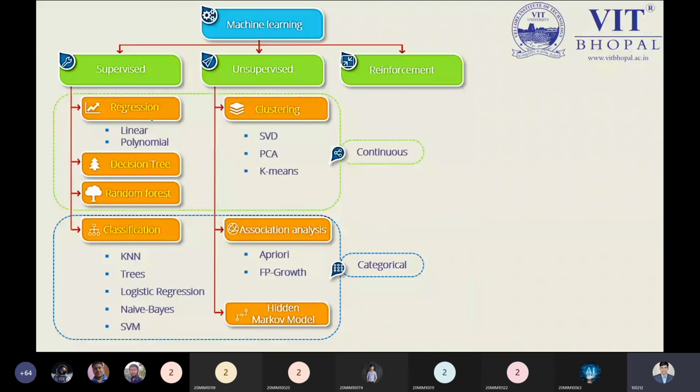In regression, we can see linear regression and also polynomial regression. Other than this, we can also apply multiple linear regression. Of course, it is also possible, and in our practical part we will see multiple linear regression.